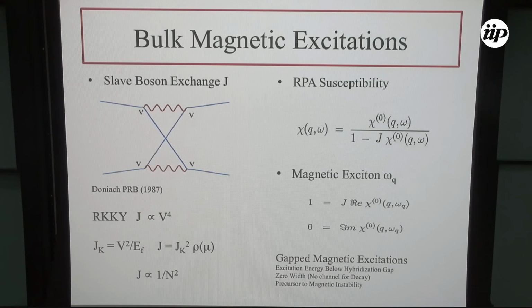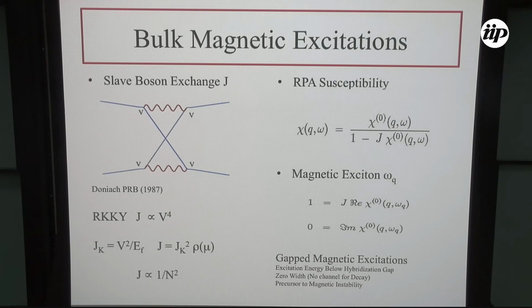And now I want to talk a little bit about magnetic spin excitations in the bulk. This material has, since 1992, been known to have low energy magnetic excitations. It's very close to a magnetic instability, even though it's a semiconductor.